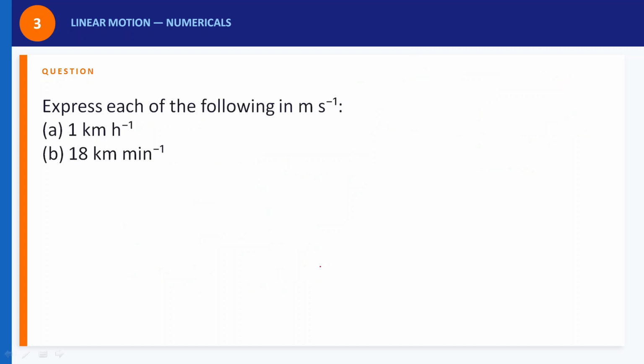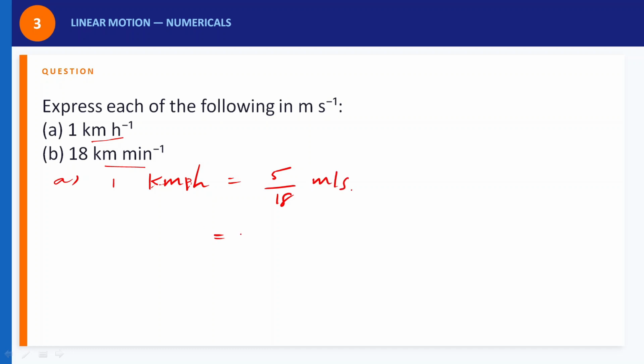The next one. Express each of the following in meter per second. The first one is in kilometer per hour. Second one is kilometer per minute. First one I will write. 1 kilometer per hour equal to 5 by 18 meter per second.